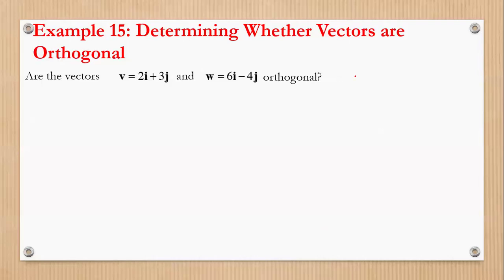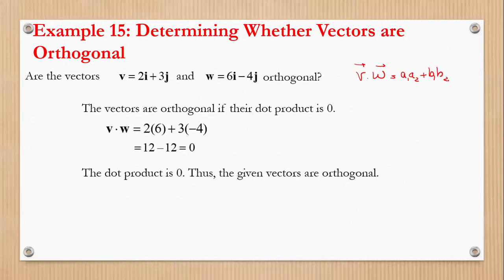The dot product of the two vectors is a1 times a2 plus b1 times b2. Just multiply the components. a1 times a2, 2 times 6, b1 times b2, 3 times -4. 2 times 6 is 12, 3 times -4 is -12, and 12 minus 12 is 0.